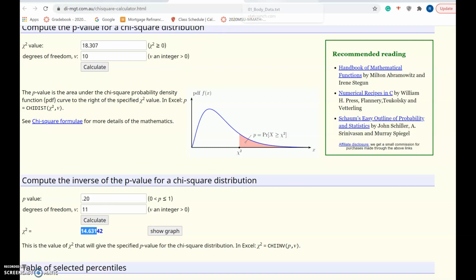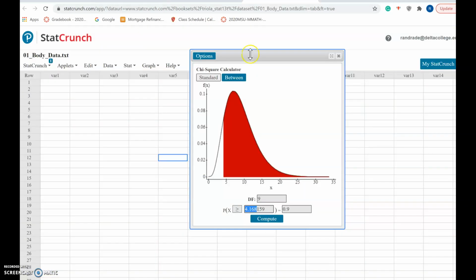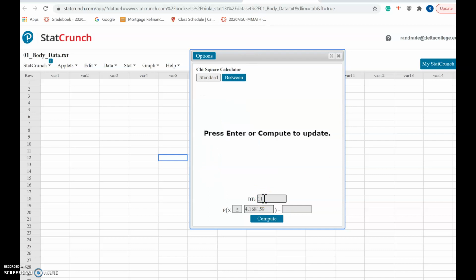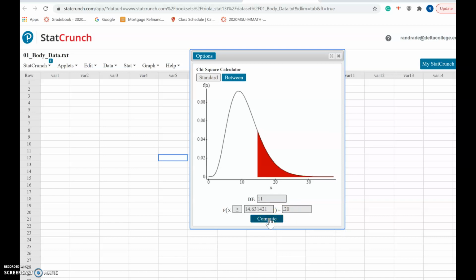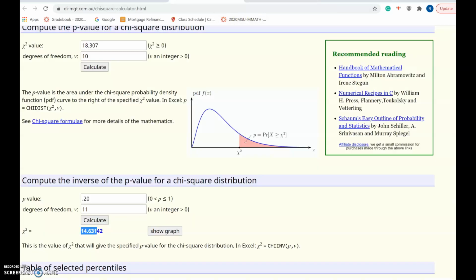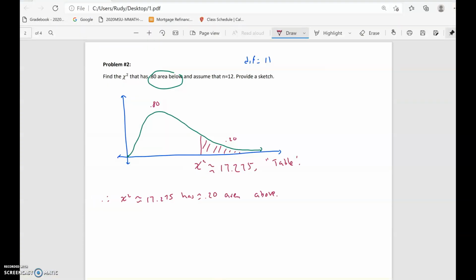Let's actually run it in StatCrunch. Once you have it here, it's a matter of just adjusting it. 11 degrees of freedom. This will be 0.20. And these should match. So we're getting 14.631. Let me just write it on the lab.